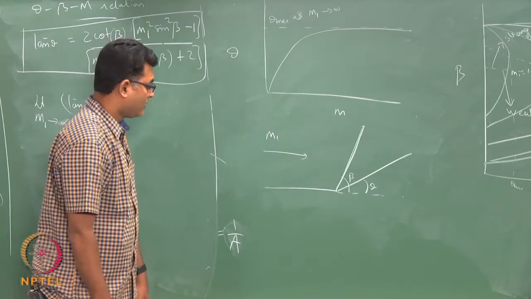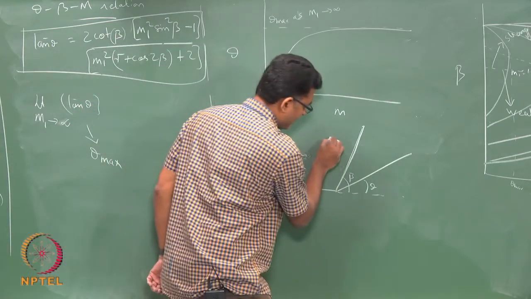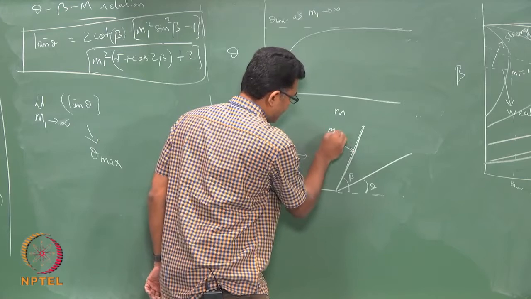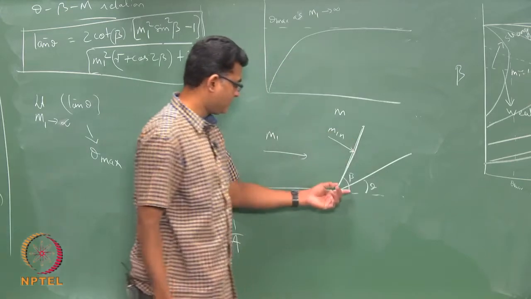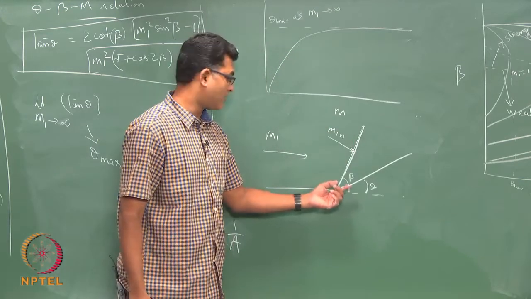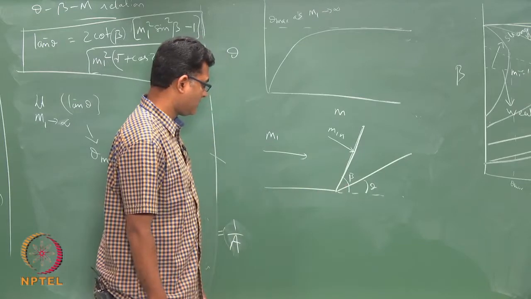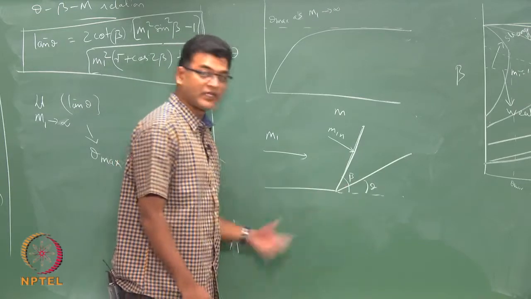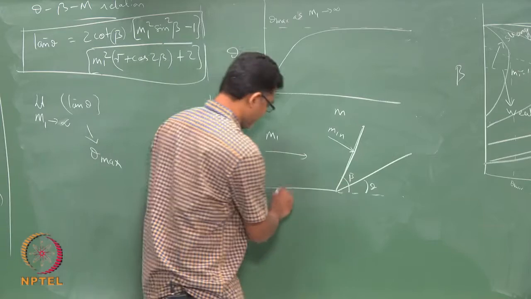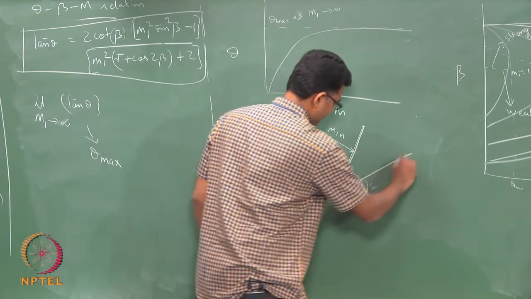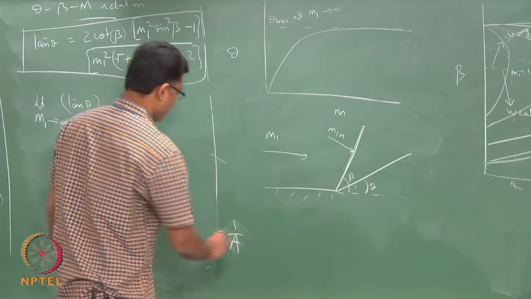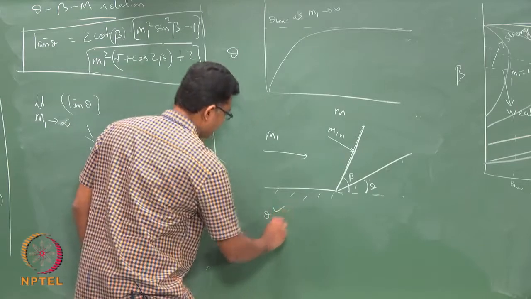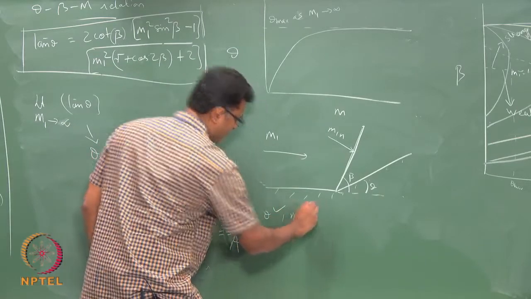Okay. What I can do is I can find my M1n, because I know one of these. So, let us assume that we know theta. So, this is a fabricated ramp. Okay. So, I am given theta and I am given M1.